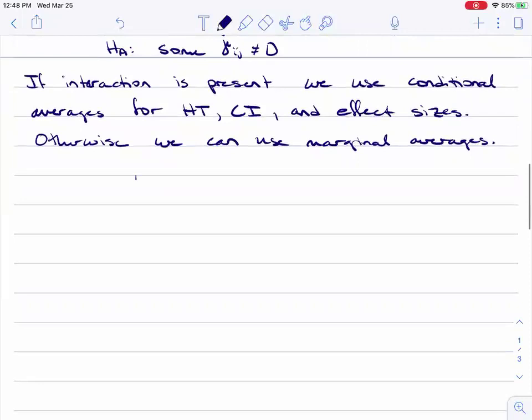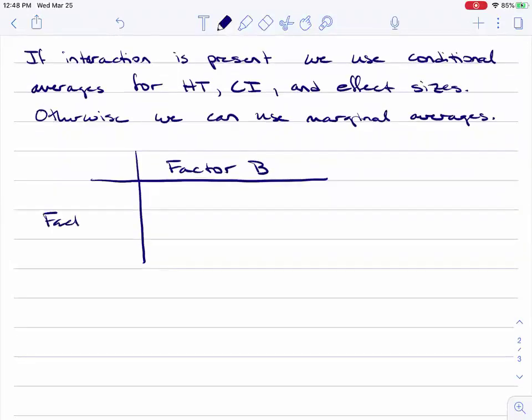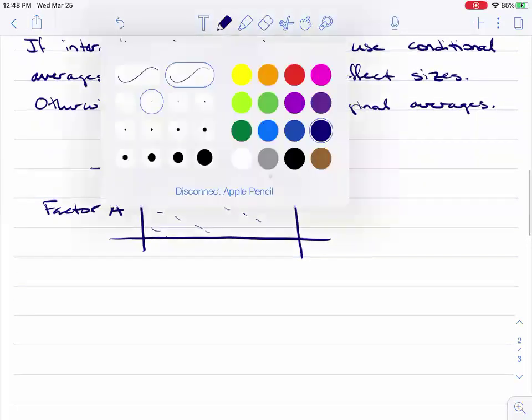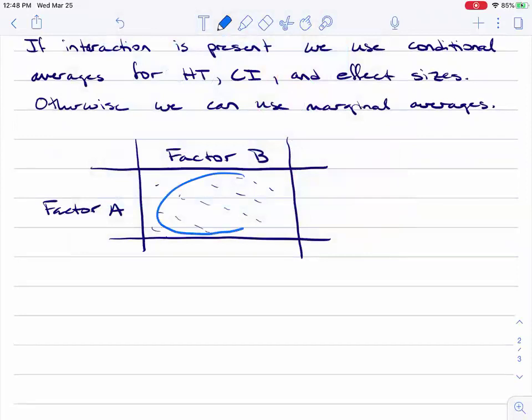So what that looks like is, if you've got factor B up here and factor A over here, regardless of how many combinations you've got, it could be huge depending on how many levels of each factor you have, these are your conditional averages.